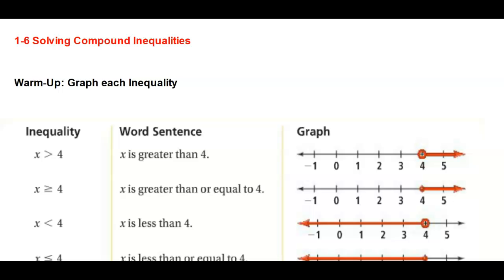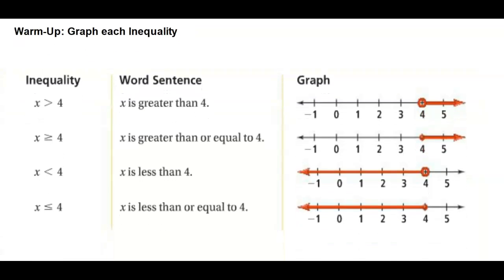They're different. All right, for the warm-up, you are graphing compound inequalities. So today, these are simple inequalities like what we did the other day. So here we're looking at inequalities. An inequality is a single comparison of a sentence.